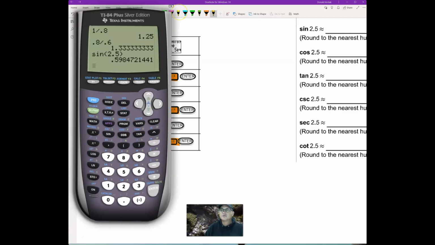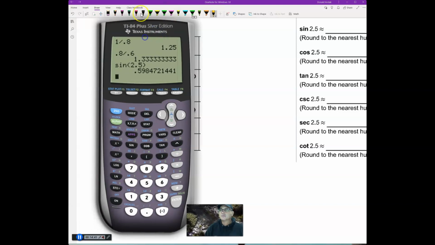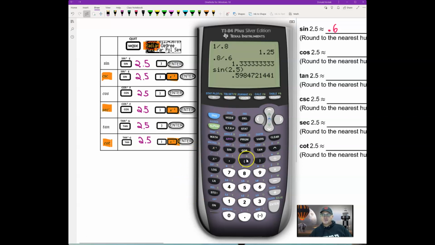All right, so there's our sine. And round that to the nearest hundredth is 0.59, 8. So that 8 makes the 9 a 10, which is going to turn this into 6/10. Okay, next up, cosine.